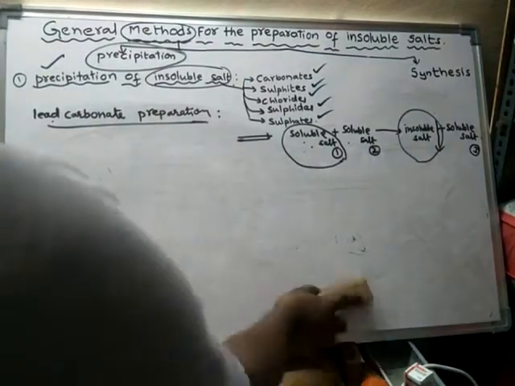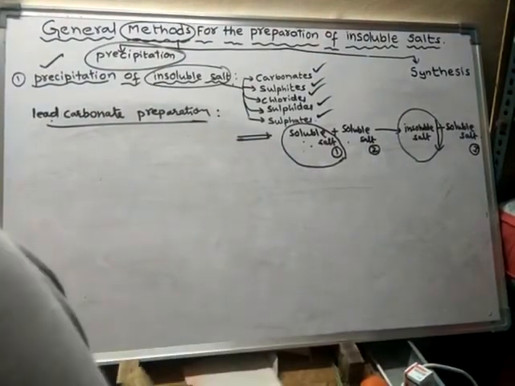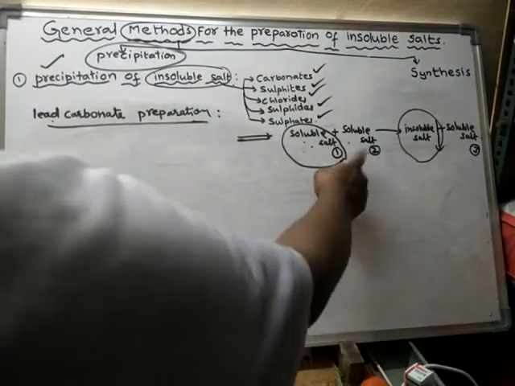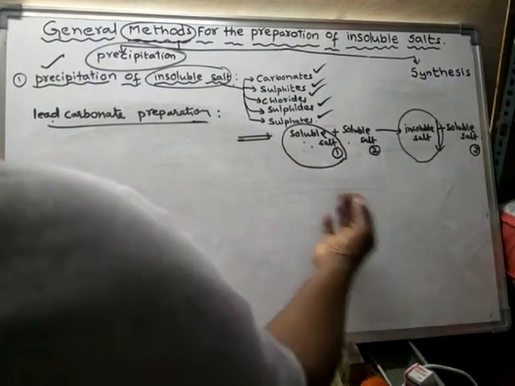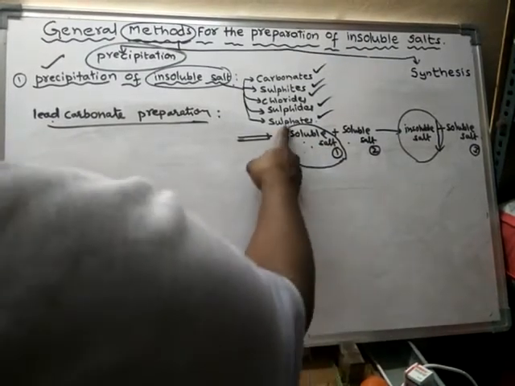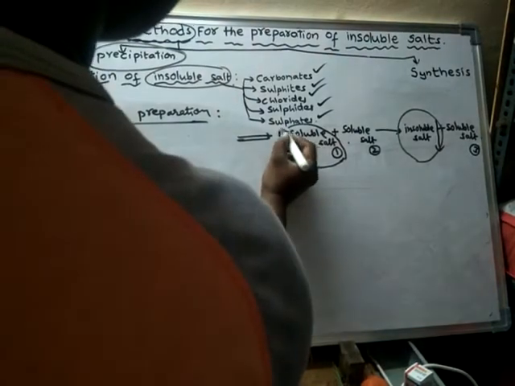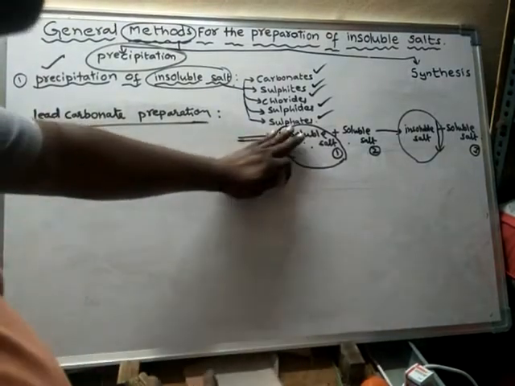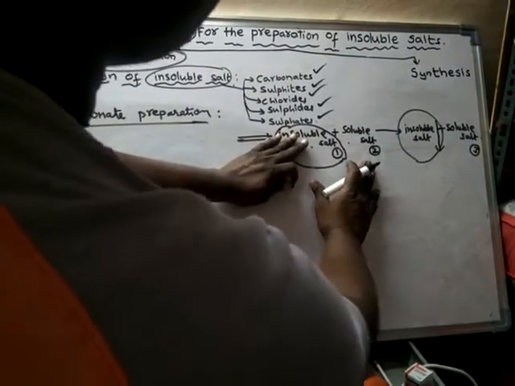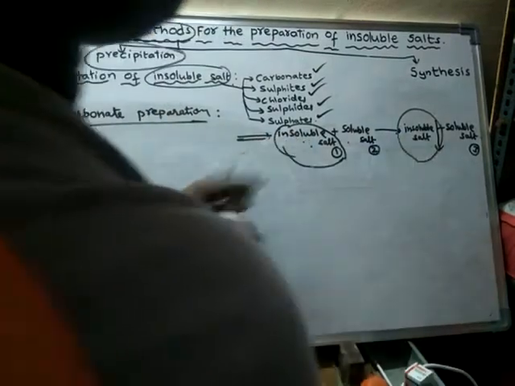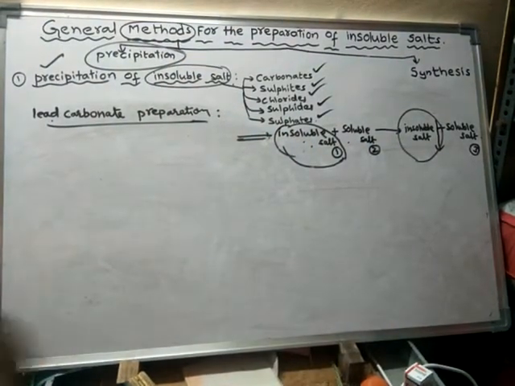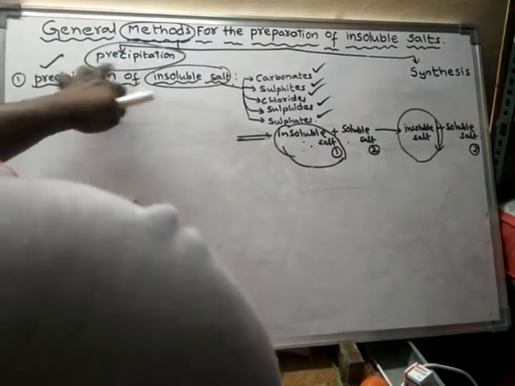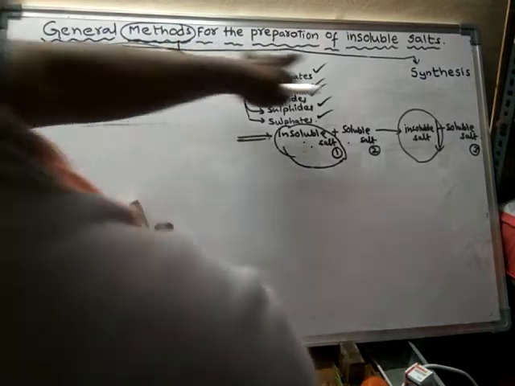So in this way, even from an insoluble salt, we can prepare another insoluble salt by using a soluble salt. For this purpose, we have to convert the insoluble salt into a soluble salt, and then it should be made to react with this one, and finally you will get a new insoluble salt. So this is the precipitation method for the preparation of insoluble salt.